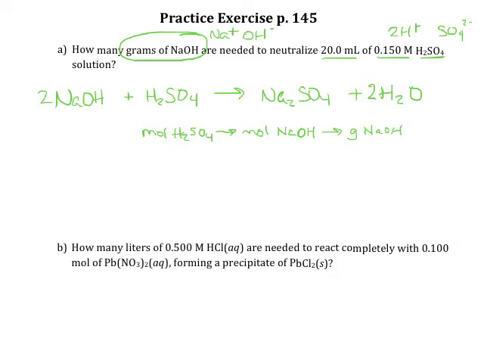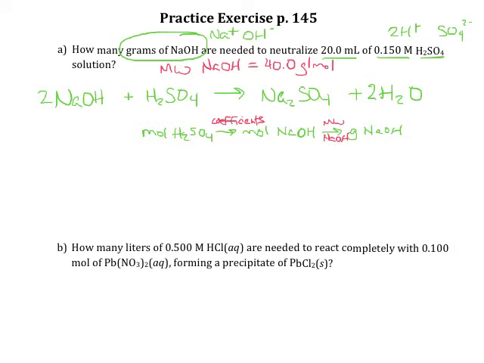So in order to do that, we need the coefficients here. And here we need the molecular weight of sodium hydroxide. So the molecular weight of NaOH to 1 decimal place is 40.0 grams per mole. So now we have everything we need to start this calculation.